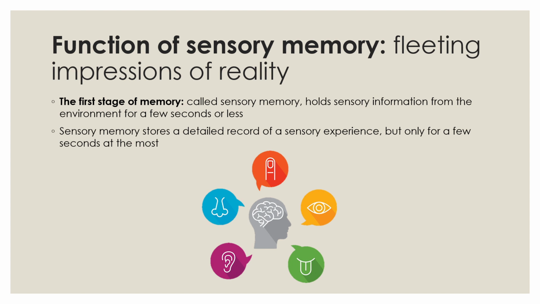So the main function of the sensory memory is that it stores a detailed record of sensory experience, or in a nutshell, the environmental information is stored in the sensory memory.